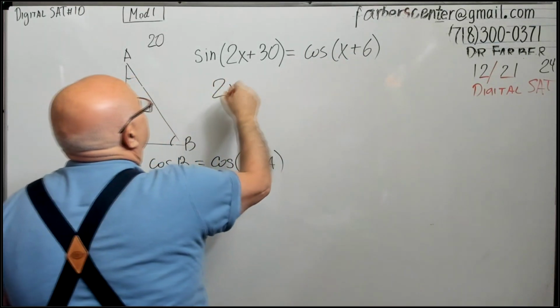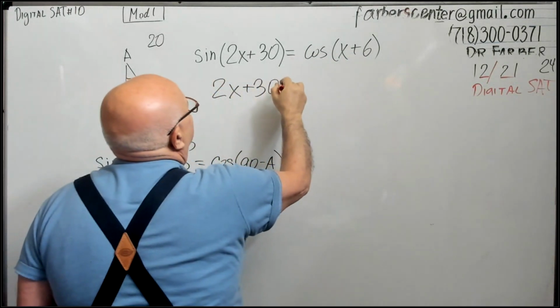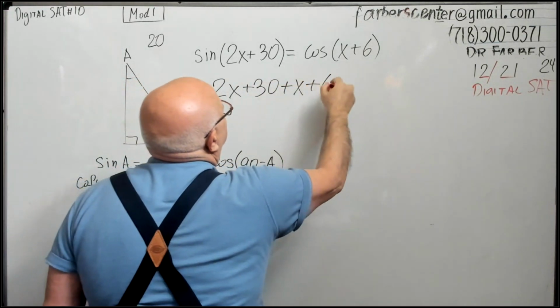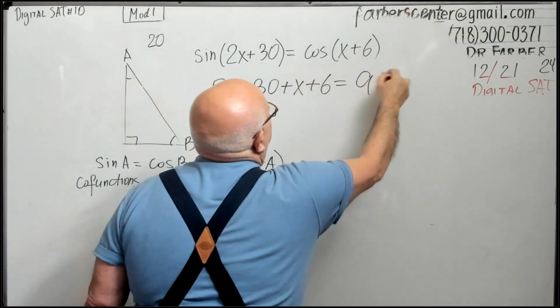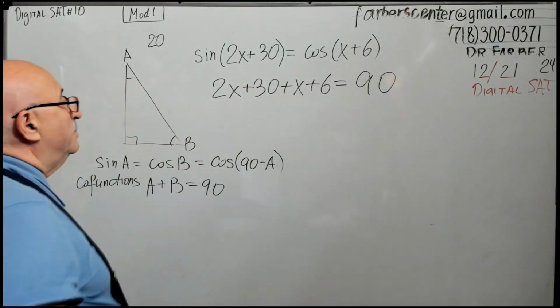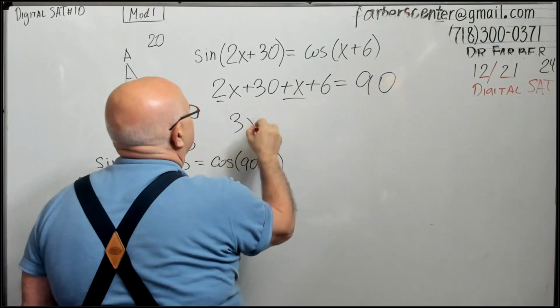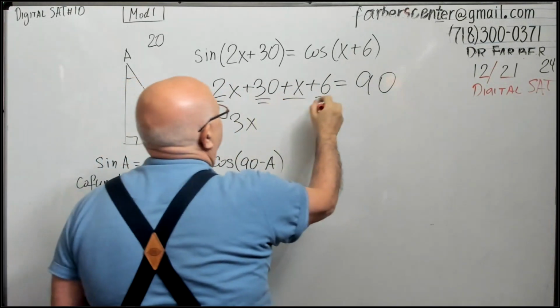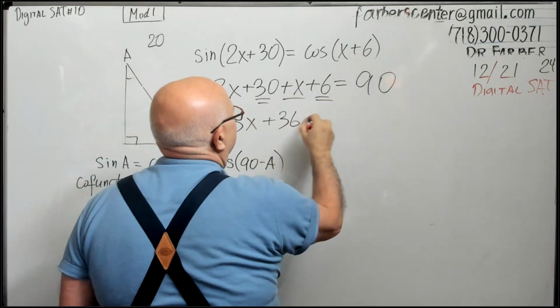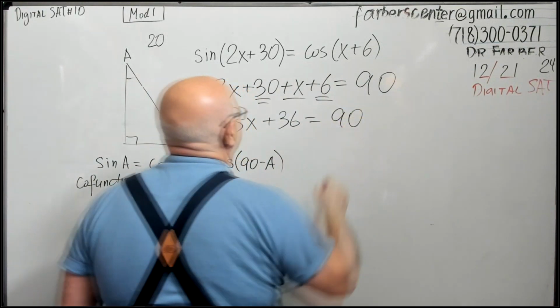So 2x plus 13 plus x plus 6 equals 90 degrees. Or 3x plus 36 equals 90, right? In this case.